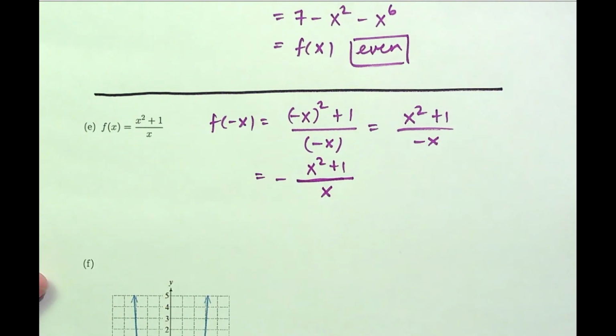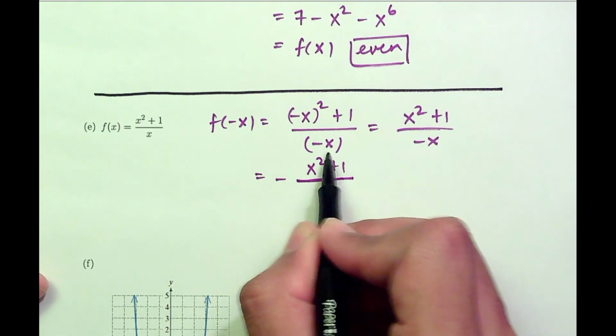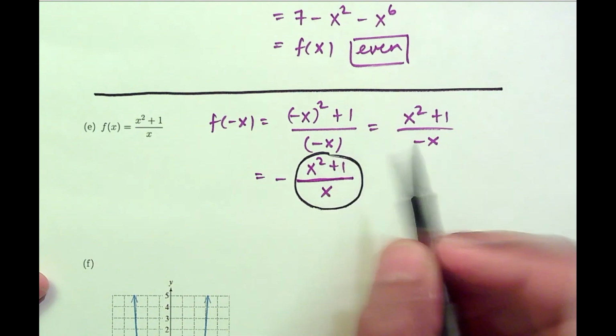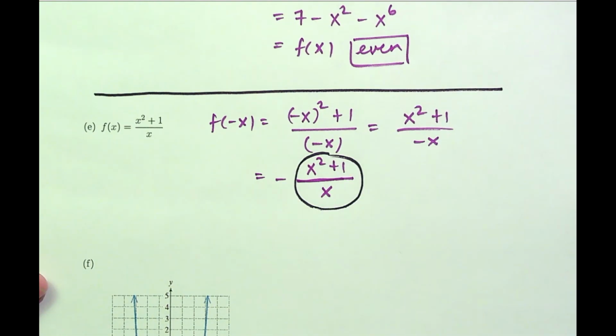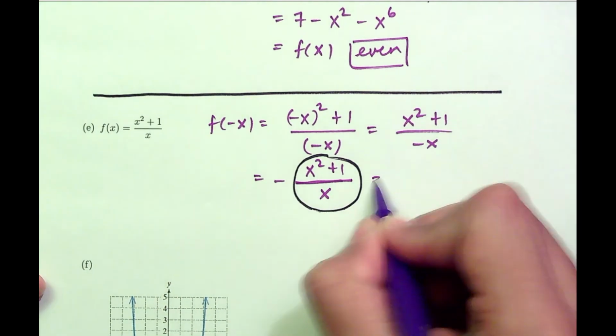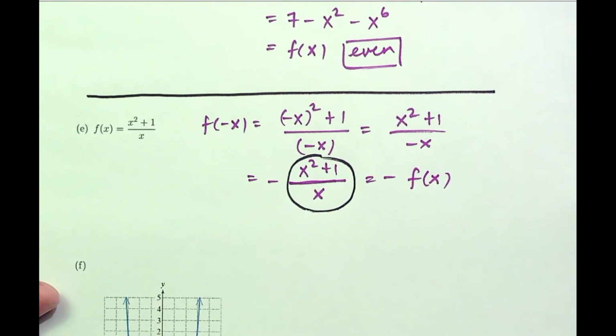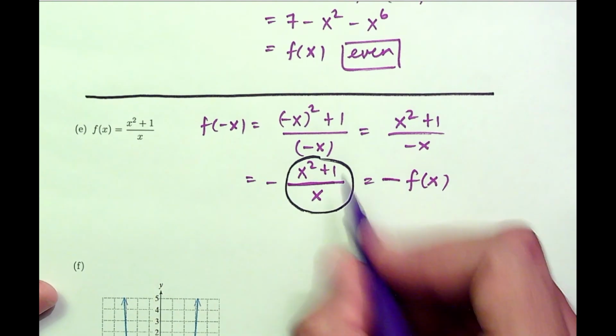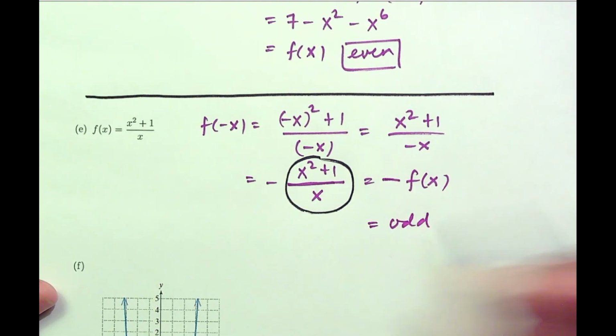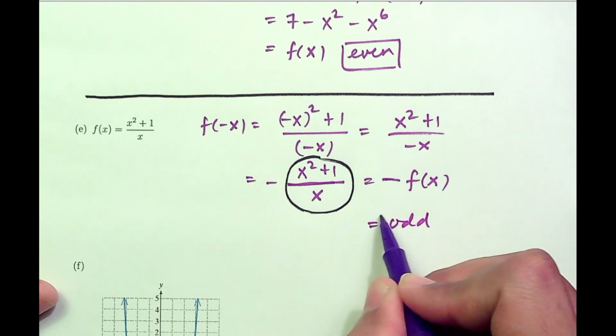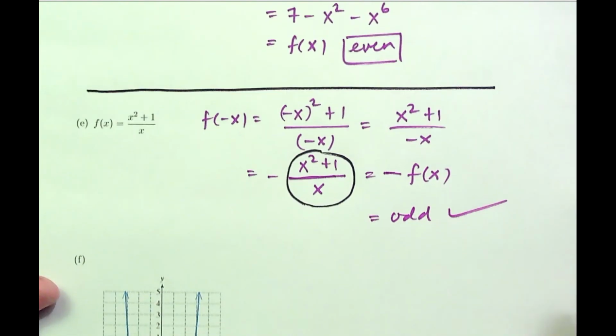Now when you write it like that, though, this is exactly the same as f of x. So this is negative f of x. And because it is negative f of x, that means the function is odd. Okay, it is odd.